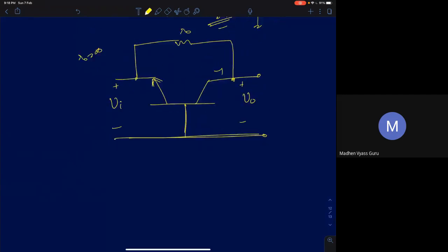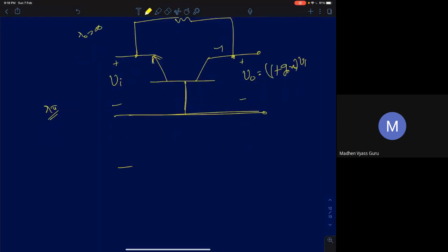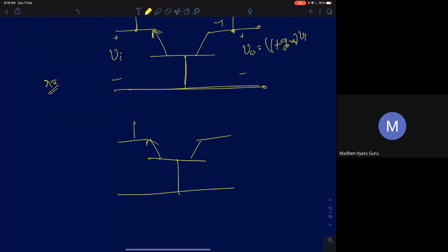If I apply a voltage Vi here, I'll ignore R pi for the time being. If I ignore it, your V naught will be 1 plus Gm R naught times Vi. Similarly, you take a common base amplifier, and you can very easily derive this and show it. I'll leave it to you as an exercise.